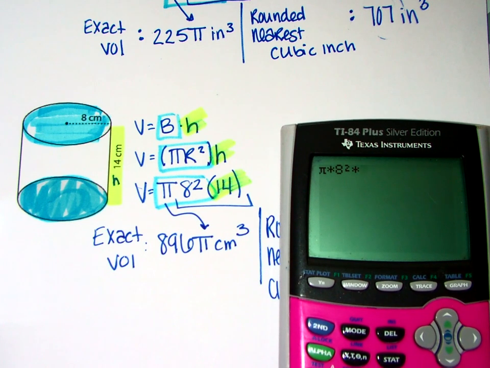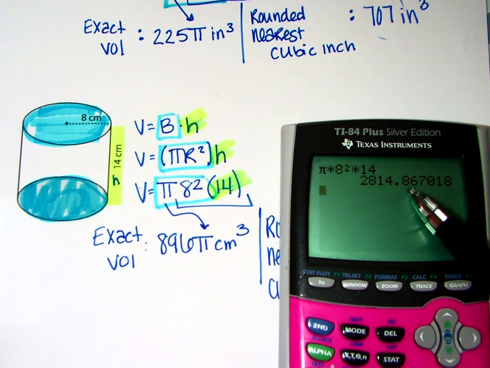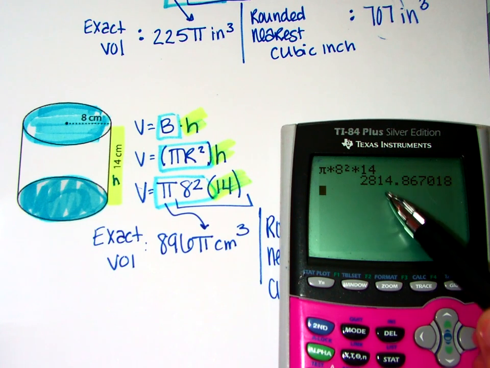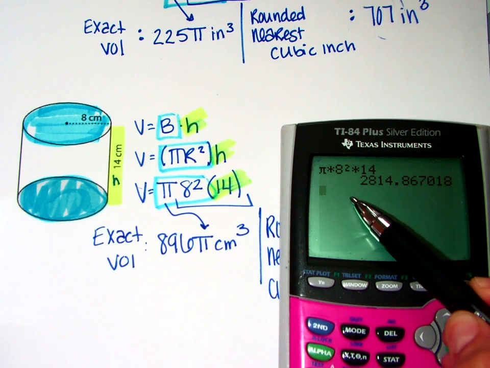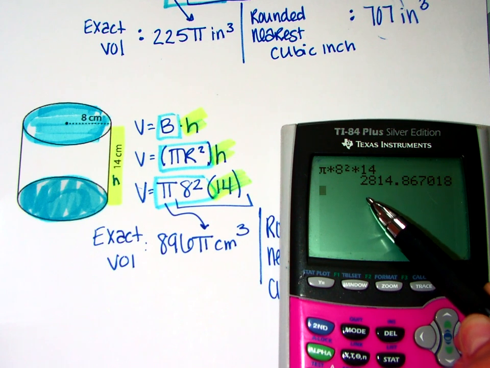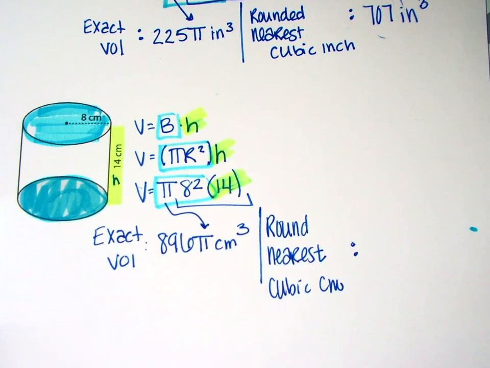And in this case, my height is 14. We're going to round to the nearest whole number because it says nearest cubic centimeter. So looking at this 8, it's 5 or higher. So this 8 bumps this up to a 5 for a rounded volume of 2,815.